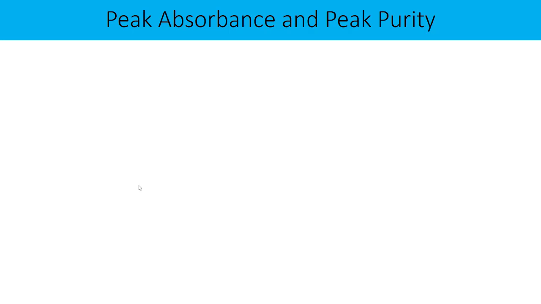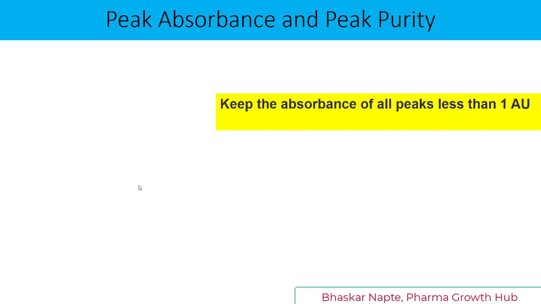Okay, so what is the relationship between peak absorbance and the peak purity? We often notice people saying that the response of the peak should be less than 1 absorbance unit to suitably measure the peak purity. Let us now understand the reason for that. Empower says to keep the absorbance of all the peaks less than 1 AU.